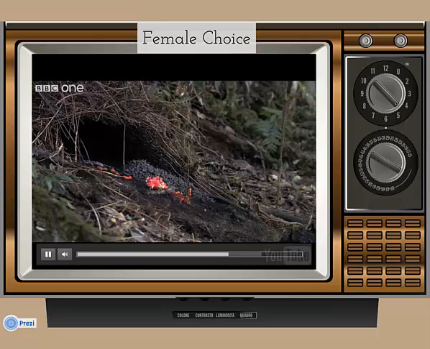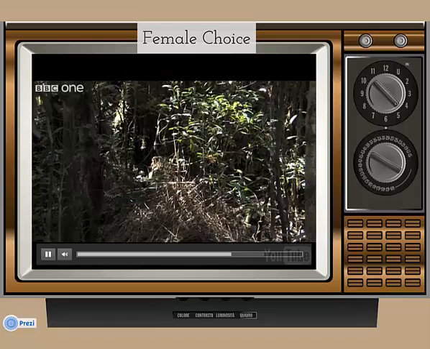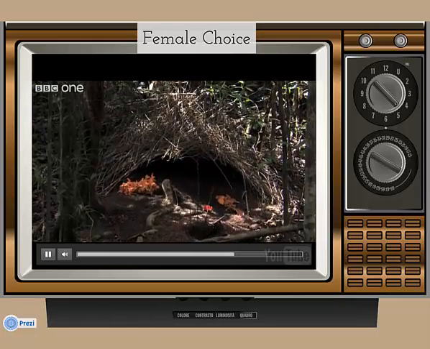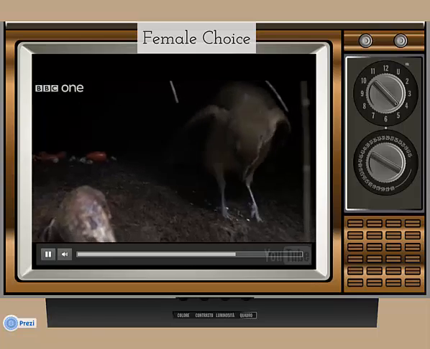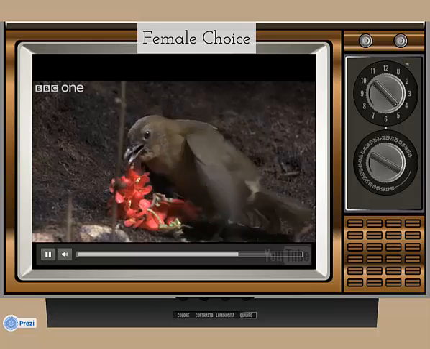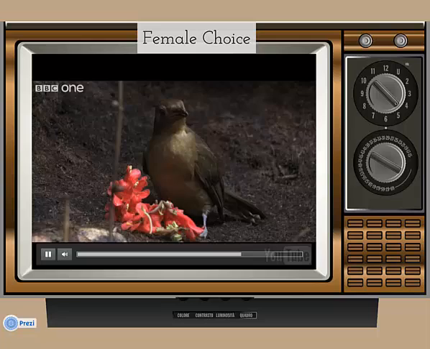Perhaps it was that sprouting fungus. Back at the flower bower, the male performs a dress rehearsal. He senses she's watching.